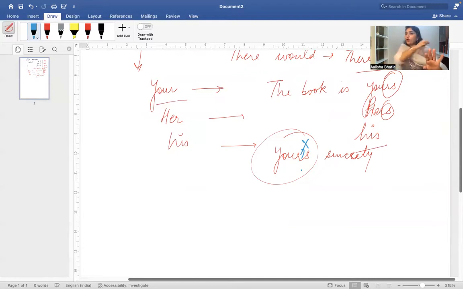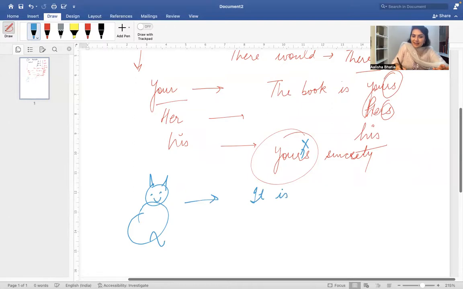For example, I always use this in my classroom, and my students might find it quite funny. Sorry for the drawing. This is a cat and it's smiling, right? So it is a cat. Now, when I have to speak, I will be saying it's a cat.